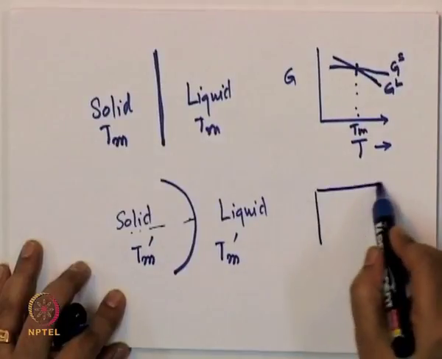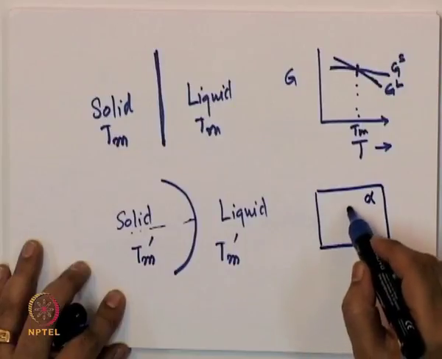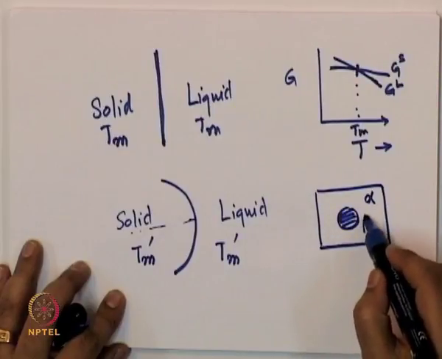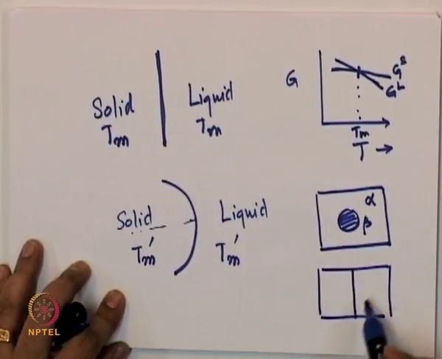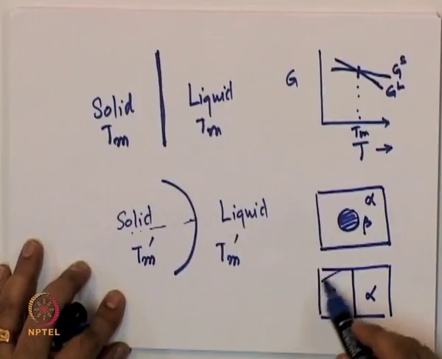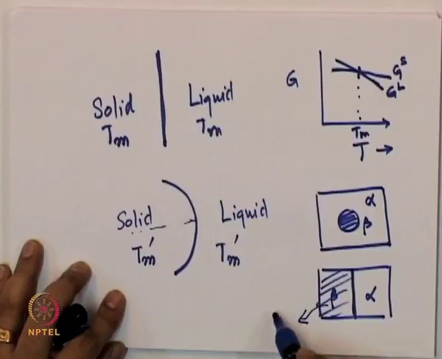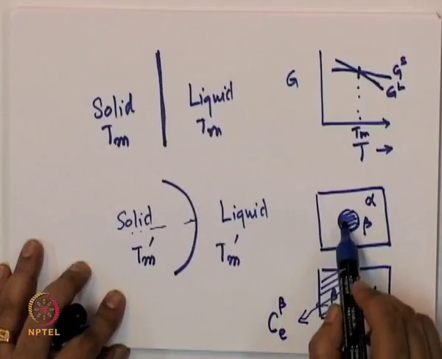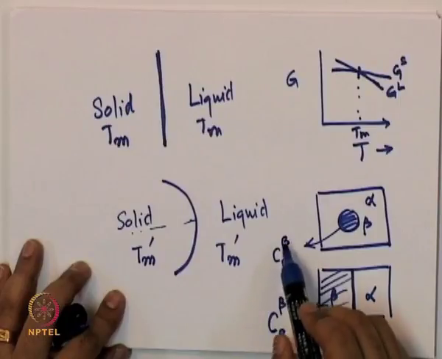Suppose you are looking at an alpha phase matrix in which you have a beta precipitate. Suppose you have an alpha phase in which you have another beta phase. Now, in these two cases the equilibrium composition of beta will be different. So, suppose this is the case where the equilibrium composition of beta is Ce beta, in this case Ce beta will be different.